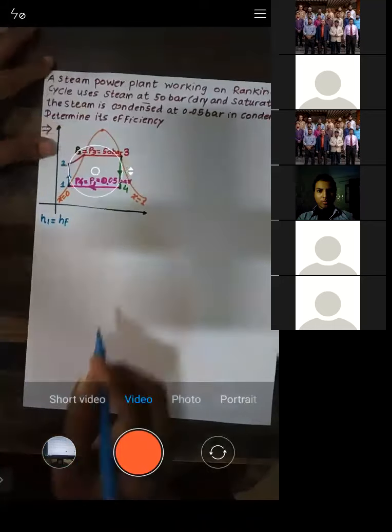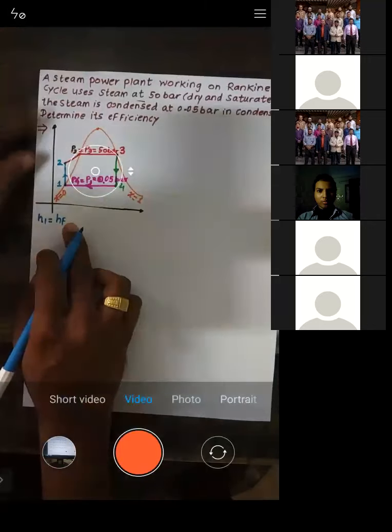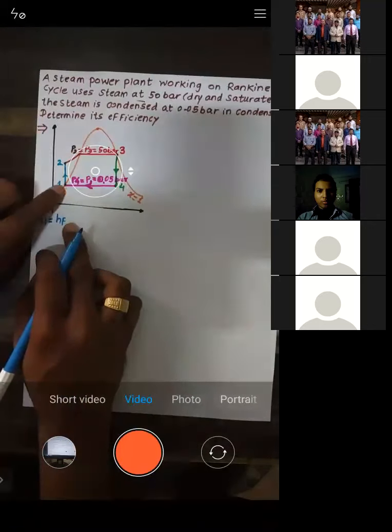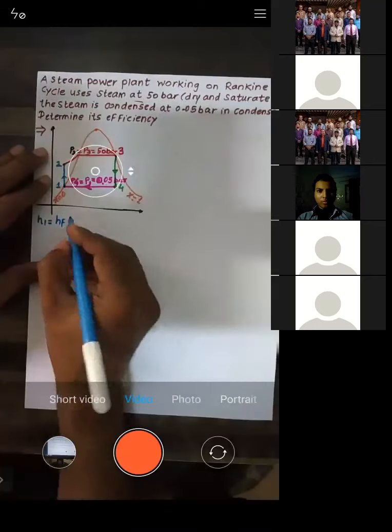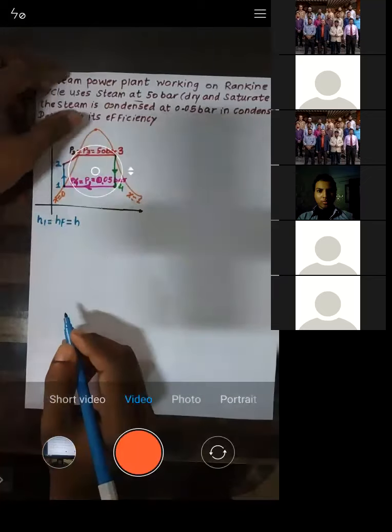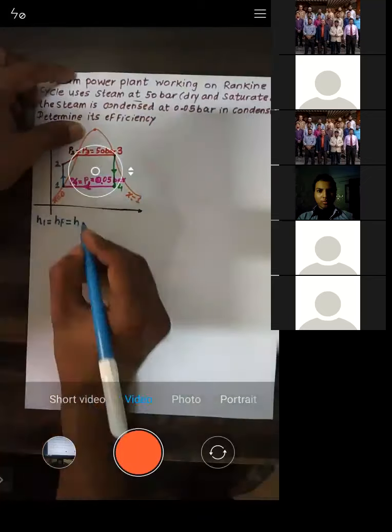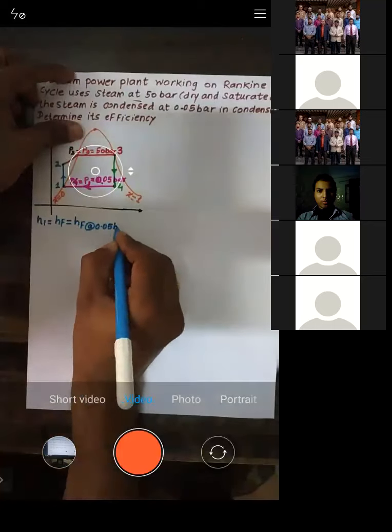Now how to calculate hf? At point number 1, what is the pressure? 0.05 bar. So hf is nothing but hf at 0.05 bar. Try to understand.